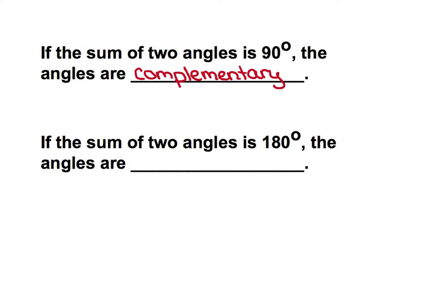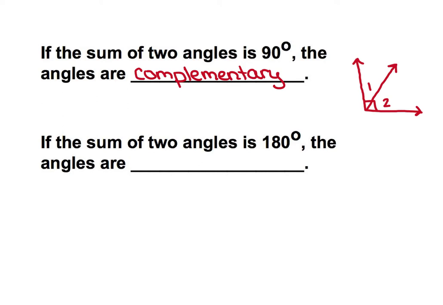Complementary angles. We have, that's going to be my right angle. And I could split it and say that angle 1 and angle 2 are complementary. If I add them together, they get to be 90 degrees. But then we also have 2 angles. If I add them together, I can get 180 degrees.